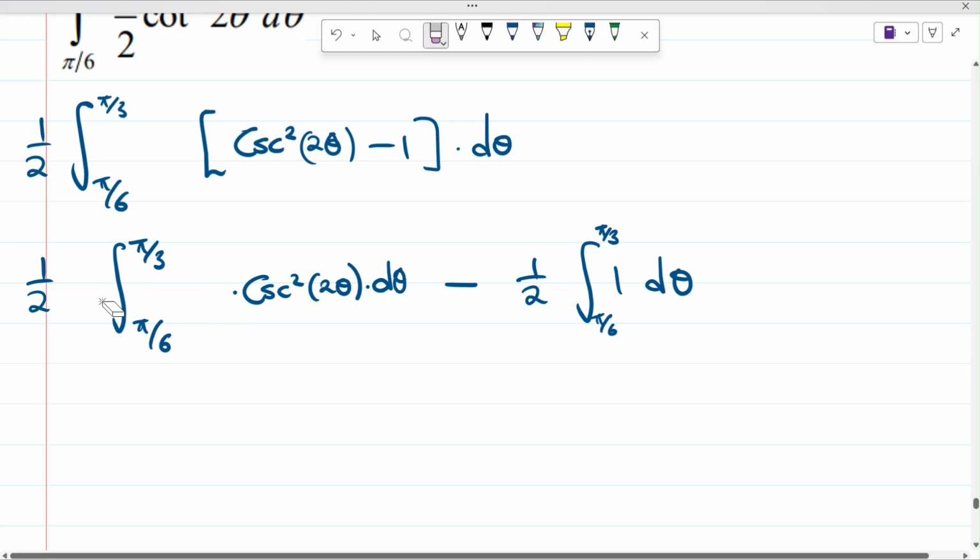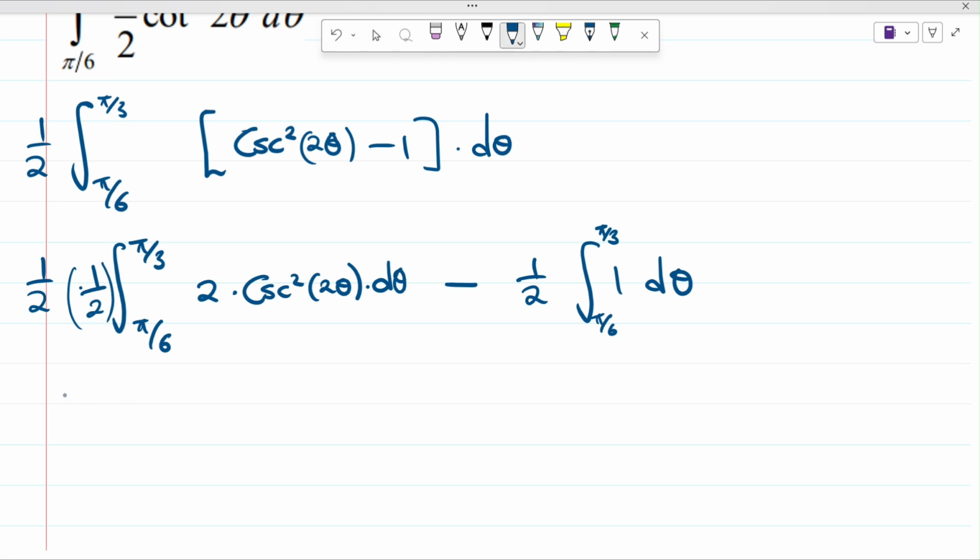So I should multiply by 1 over 2. What's wrong with me? Since I wrote a 2 here, I should multiply by 1 over 2 here. Makes sense, right? The 1 over 2 that's outside already is that one. So this one is this one. And then this one is for cancelling this 2. I hope you are not confused. So outside there, I'll have 1 over 4.